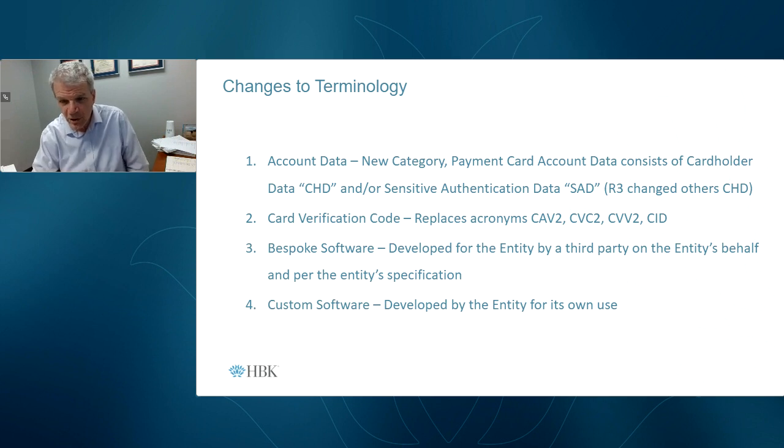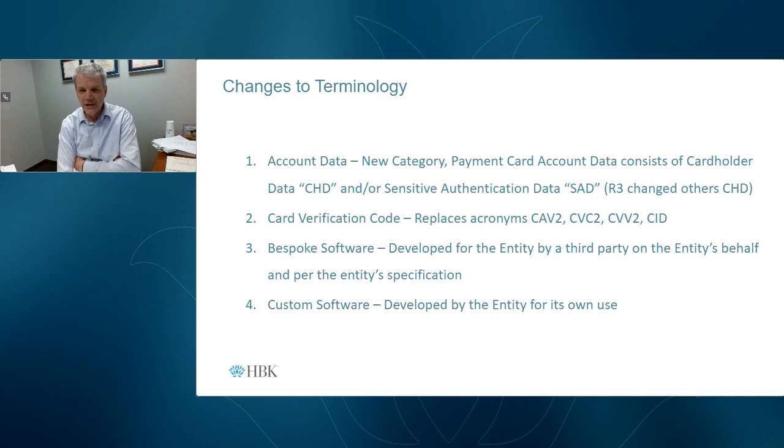Then you've got card verification, or security code, typically what you'll see on websites, with the different acronyms: CAV2, CVV2, CID, security code. It's all now called a card verification code. So they've clarified the terminology on that.